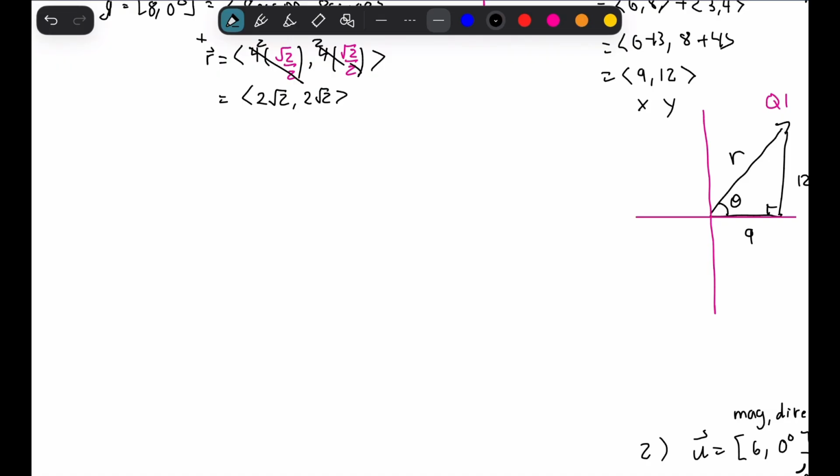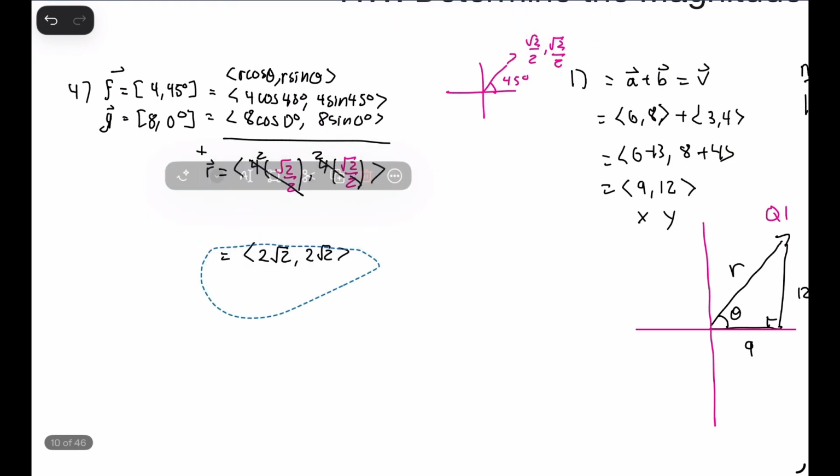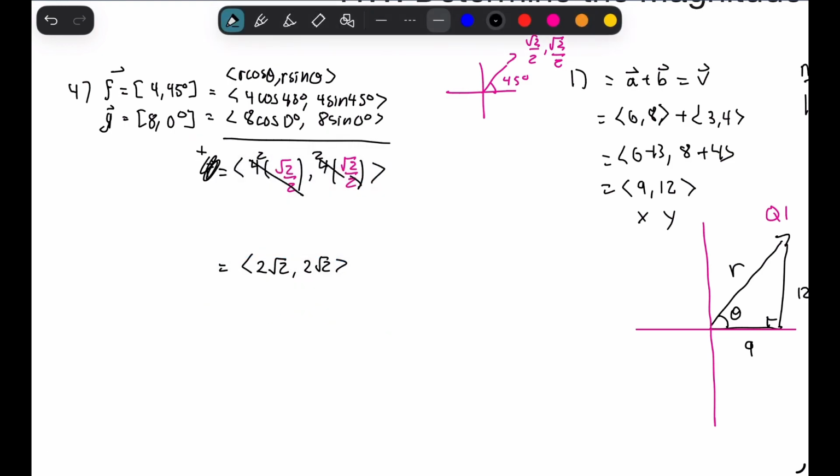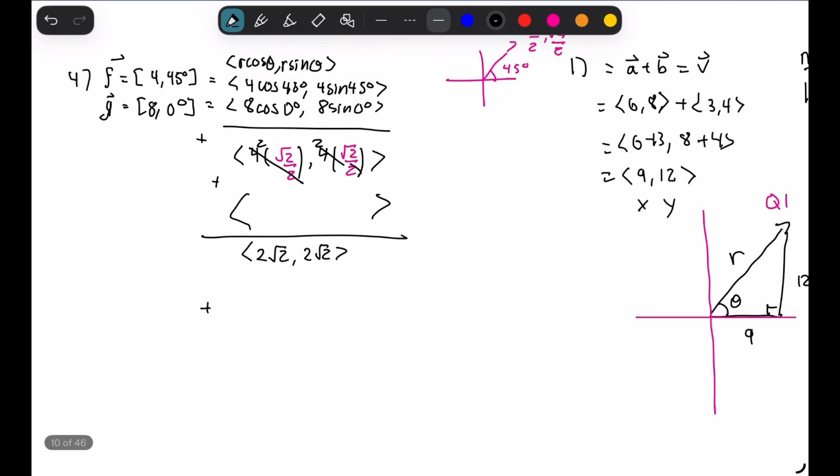Now, what about for vector g? So actually, let's keep adding them here. Show all of our work, one step at a time. For vector g, we know that we have 8 cosine 0 degrees. So if you're at cosine 0 degrees, that's going to mean you're at a value of 1.